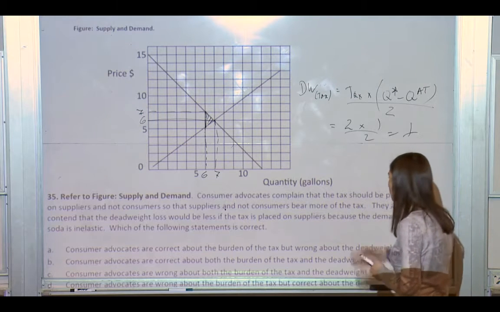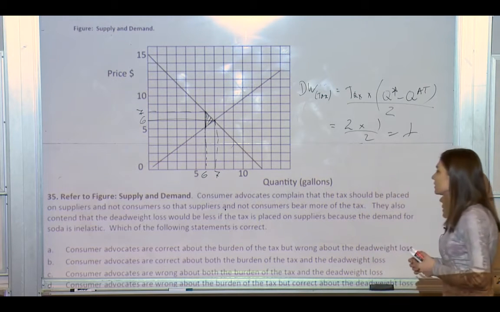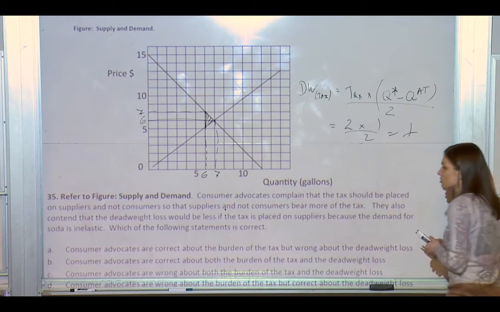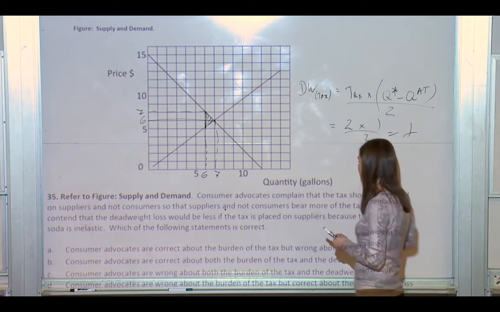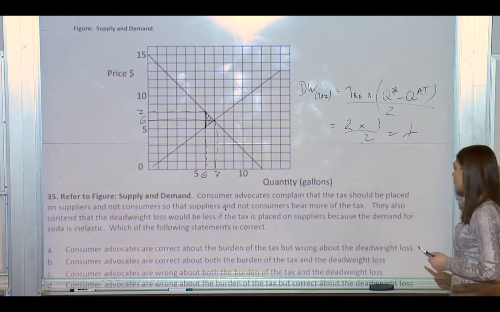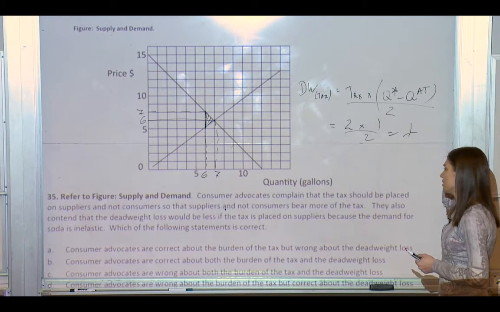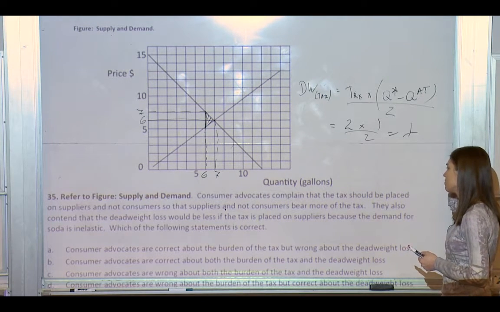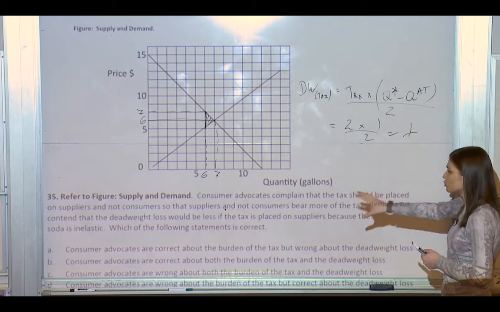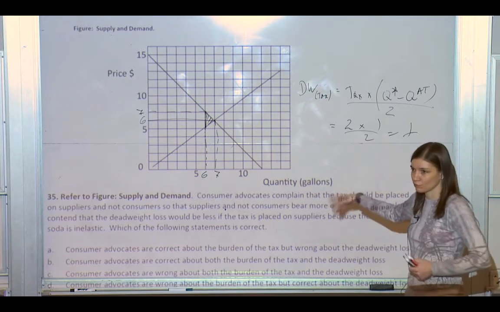So that's not going to be true. They contend that the deadweight loss would be less if the tax is placed on suppliers because the demand for soda is inelastic. All right, so which of the following statements is correct? And the statements are whether consumer advocates are correct about either of those two claims.